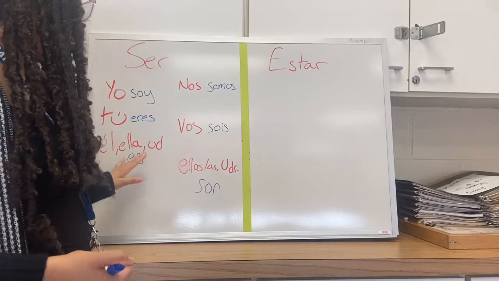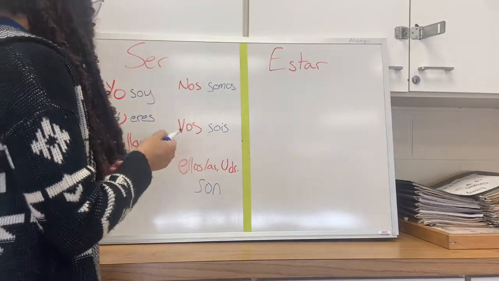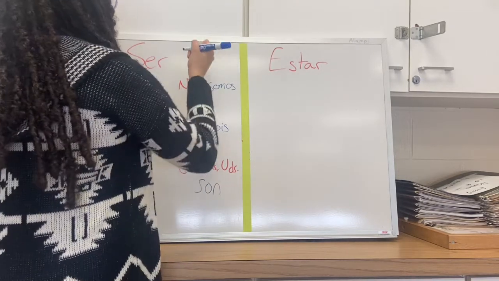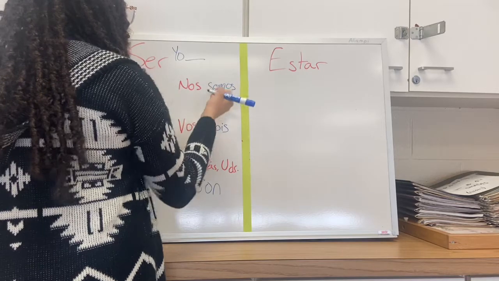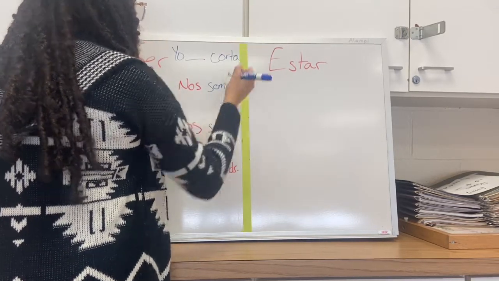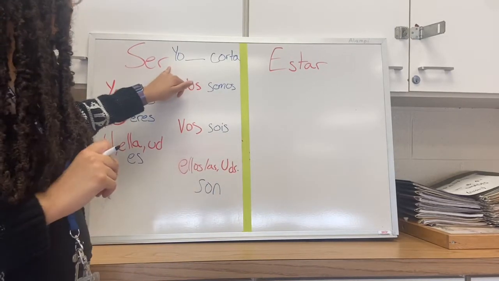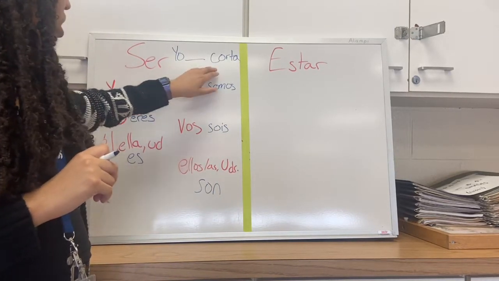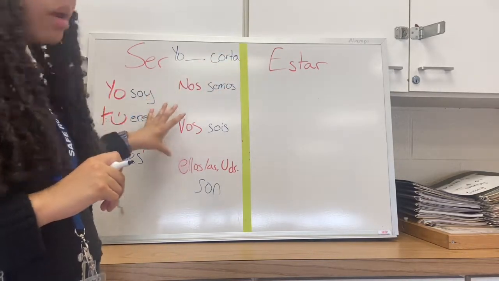So, for example, let's see if we have a sentence, and I'm just going to write down a random sentence, and I'm going to say, yo blank corta, because I'm a girl, right? I will tell you which verb you're going to need because we're only working with ser right now.